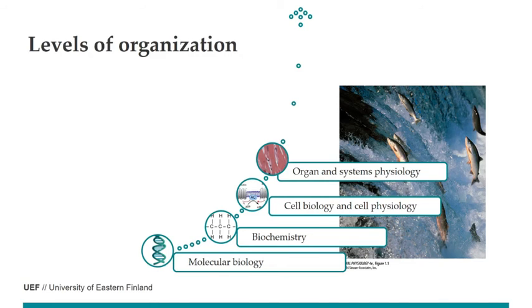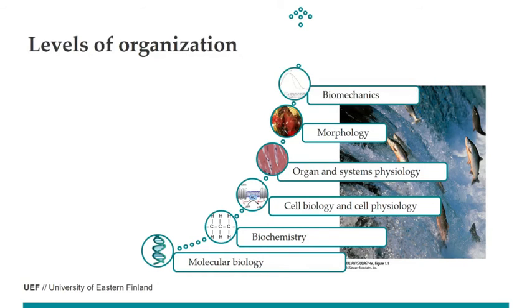Then we have the organ level and system physiology level. Then we have morphological properties. Then we have biomechanics, like how these muscles are moving, etc. And then we have the ecological level. That's the reason why comparative ecology or environmental adaptation is so challenging but also interesting, because you are studying all these levels at the same time.